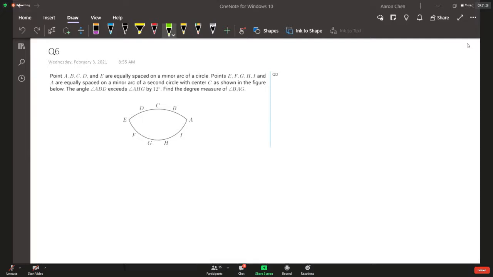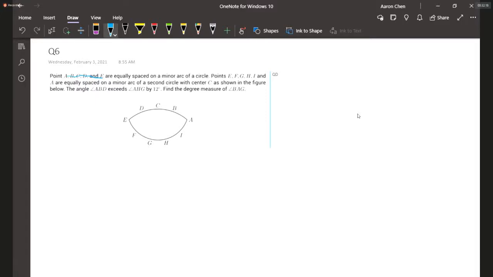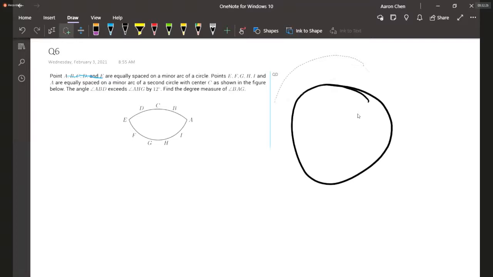Okay. So now we can go on to this problem number 6. And once again, I'll give a couple of minutes to do the problem first. They're equally spaced on a minor arc of a circle. And so we can first draw the circle.